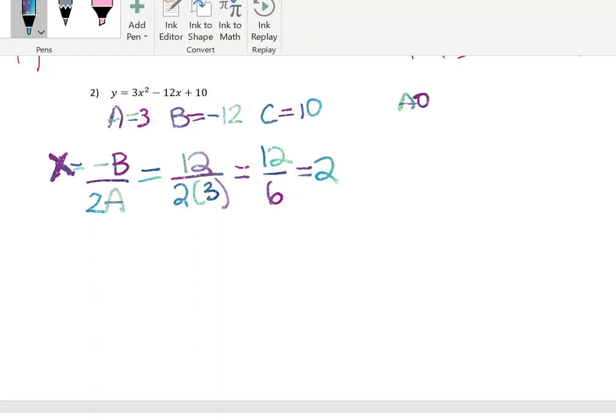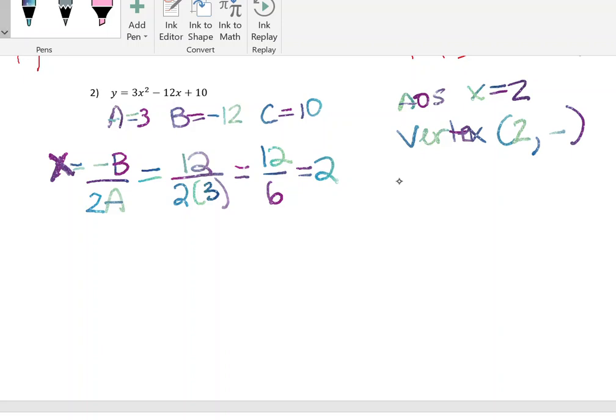So I know the axis of symmetry is x equals 2, and I know that the vertex has an x value of 2. I need to plug 2 in for x to find the y value of the vertex. When I plug 2 in for x, 3 times 2 squared, exponents come first, 3 times 4 is 12, minus 12 times 2, which is 24, so minus 24, and then plus 10 at the end.